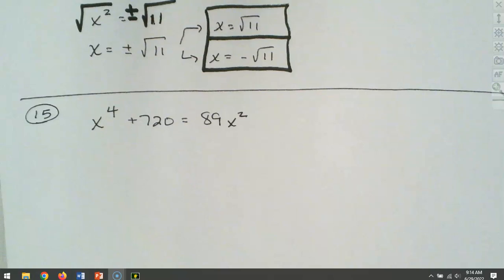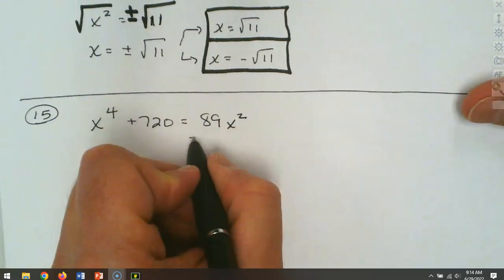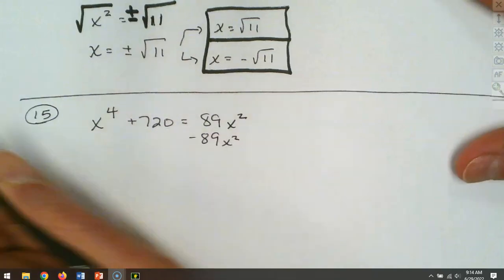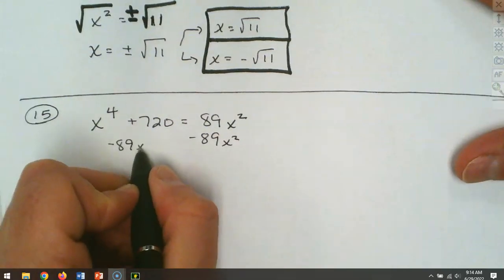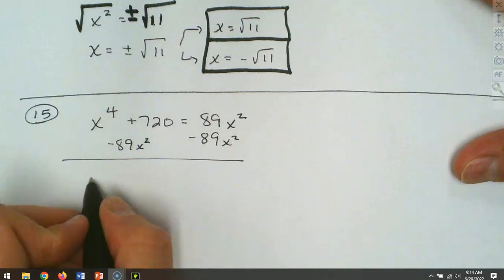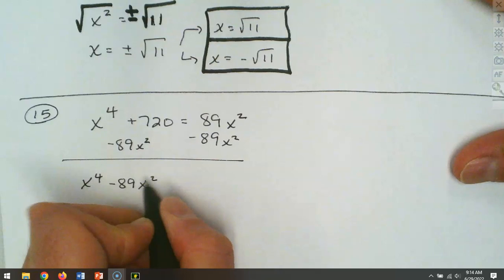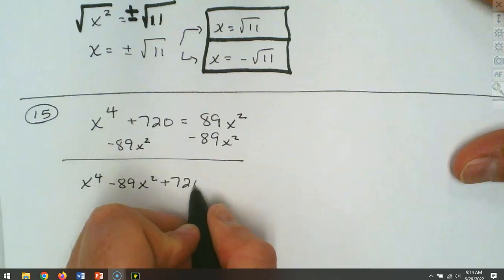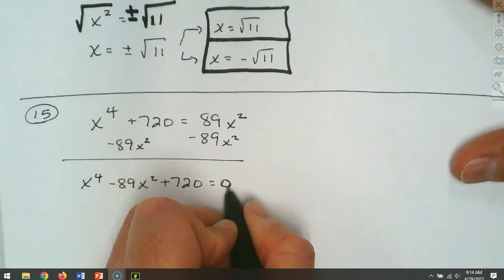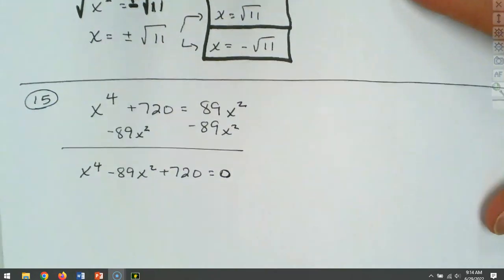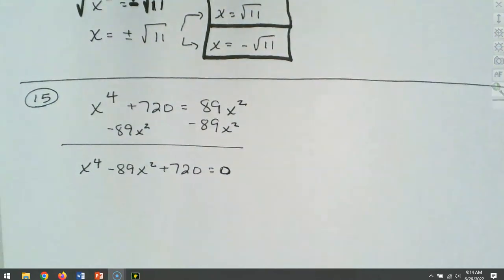Well, what we need to do when we solve this type of equation is we think about it like it was an x squared. If it was an x squared here instead of an x to the fourth, we would set it to 0. And that's what we're going to do here. We're going to go ahead and set this to 0. And now we're going to factor it just like we would before.